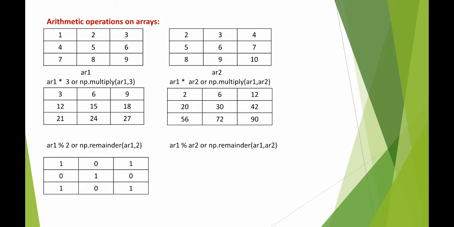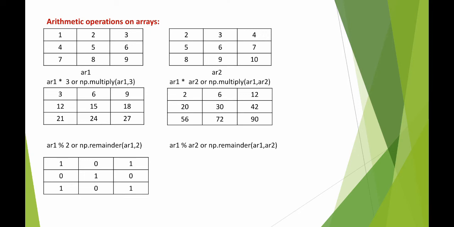Now, if we write ar1 modulus ar2 or np dot remainder ar1 comma ar2, we can see that we have to solve the modulus operation over these two arrays ar1 and ar2. So now we have to take the respective elements of ar1 and ar2 to solve the modulus.